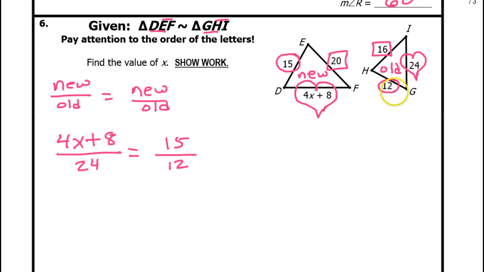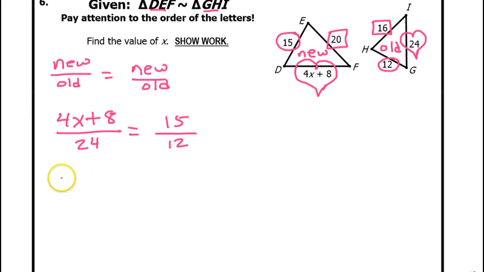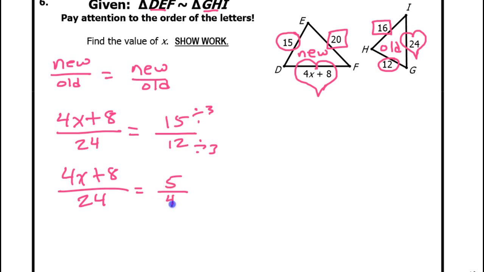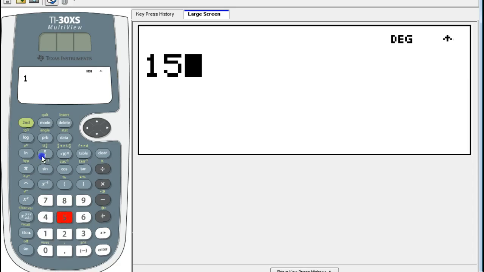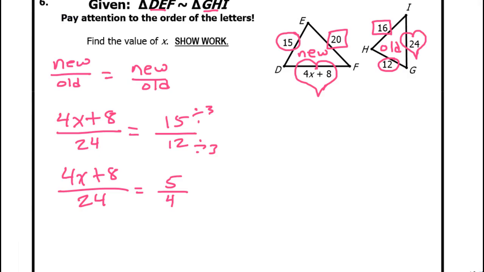I like to reduce this fraction. That's not mandatory, but I recommend it. Both of these are divisible by 3, so that gives me 5 over 4. You could also use your calculator, 15 over 12, same thing.